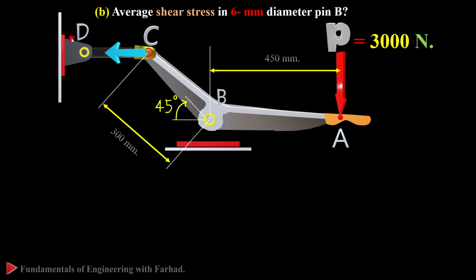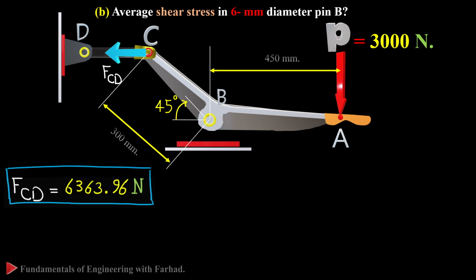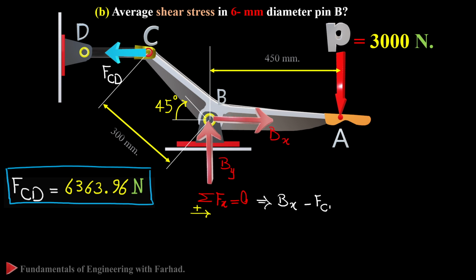Now for the average shear stress in pin B, we do need both components of force B. So that's Bx and By. If we already calculated the axial force in rod CD, we know that the horizontal component of B is equal to, because these two forces should cancel out each other, Bx is equal to FCD.